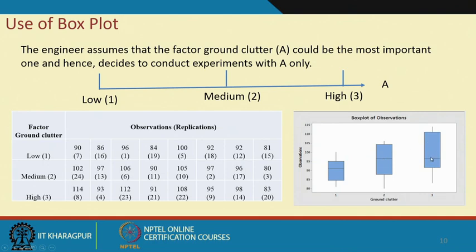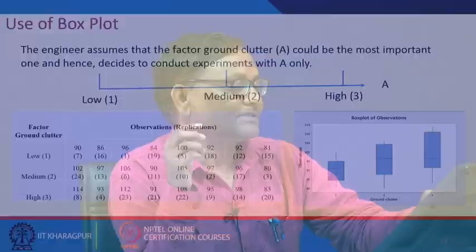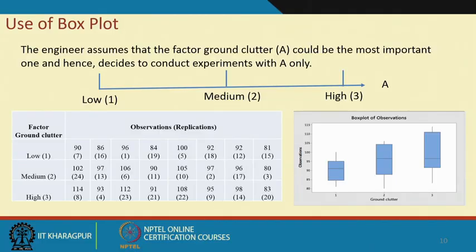So, that means when you use the radar scope, when the environment condition in terms of ground clutter is low, you will detect quickly, because the signal detection level is lower. If ground clutter is high, your mean detection time will be more.